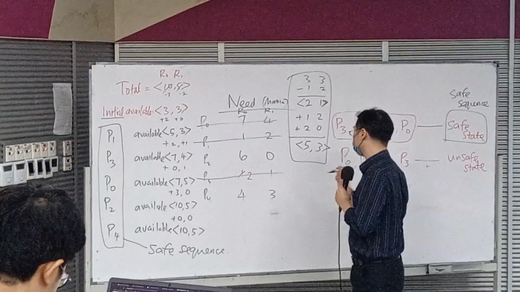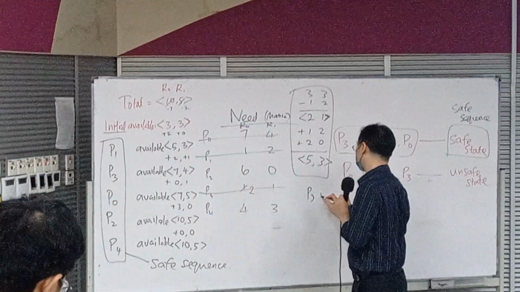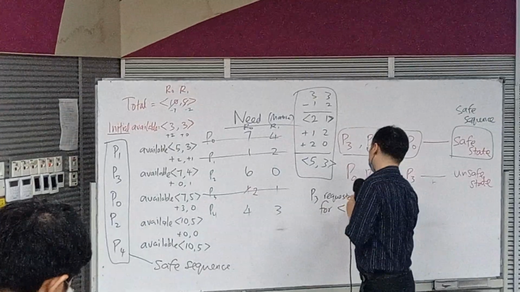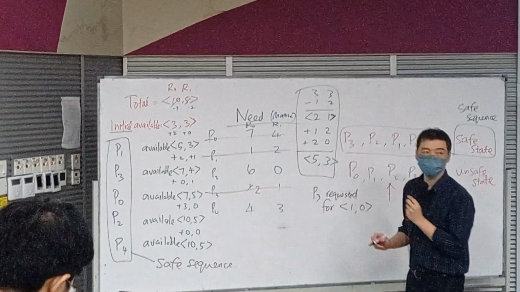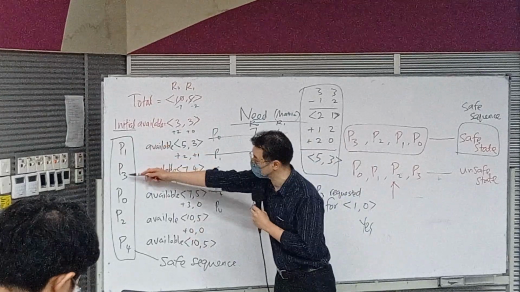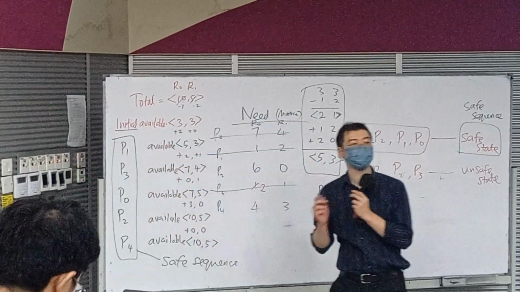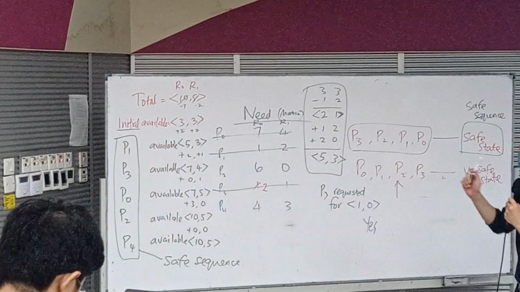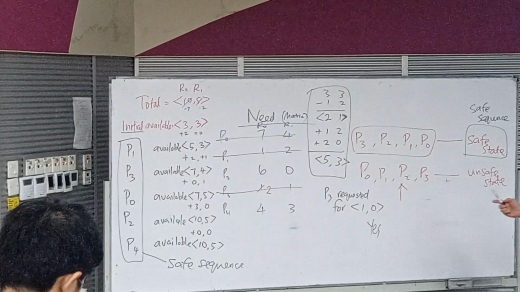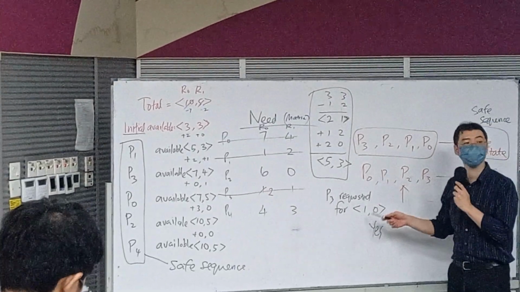P3 requested earlier on 1.0. Is it granted? Yes. Why? Because we have a safe sequence P1, P3, P0, P2, P4. The operating system is sure that no deadlock is going to happen. Then it's going to grant this P3. Yes, I can give you this.